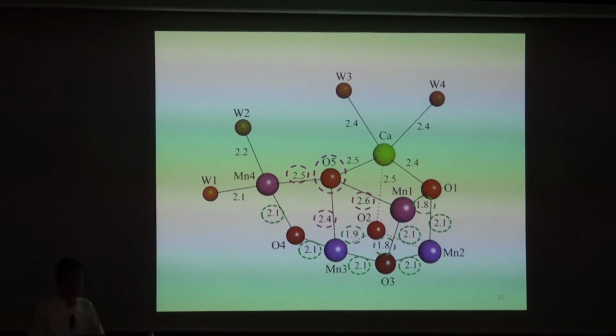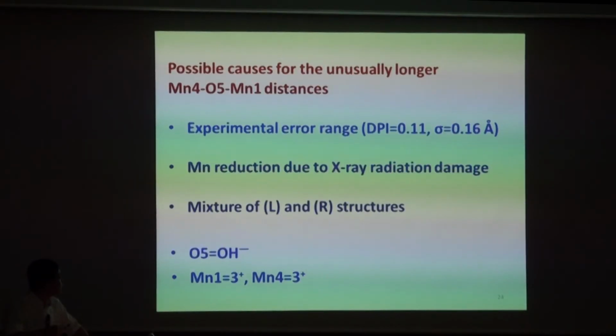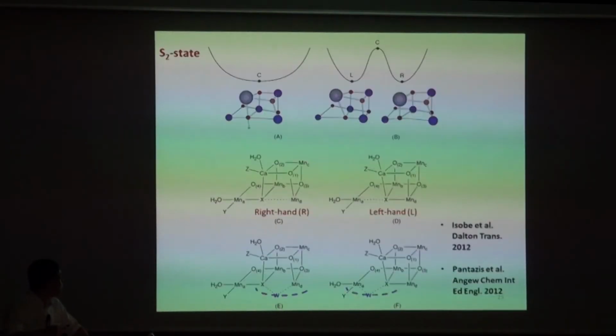And if you consider that for oxygen formation, there are 2 oxygen atoms, and they must come closer to form an O-O bond in the final step of oxygen formation. This structure suggests that the O5 oxygen atom may provide one of the oxygen substrates for O-O bond formation.